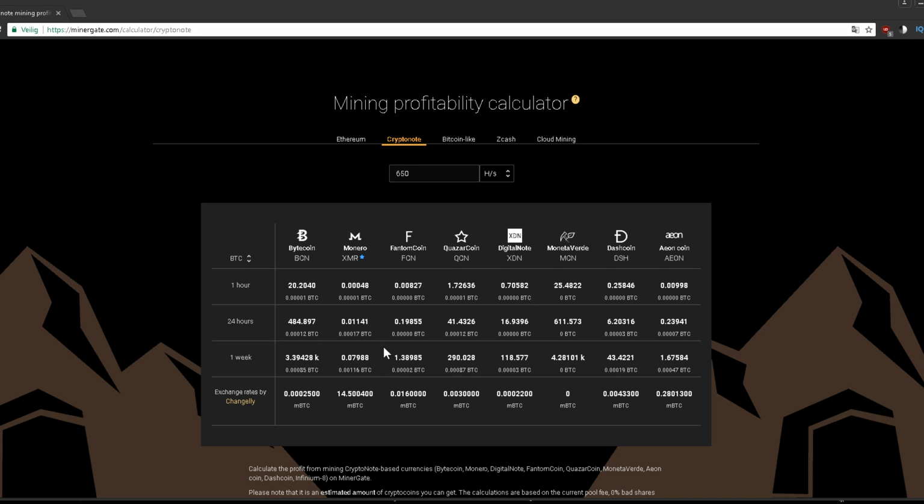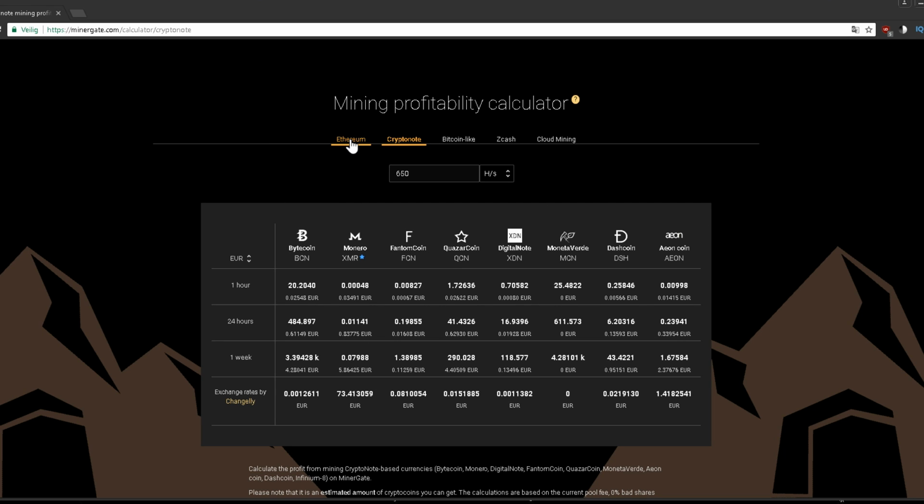And that's going to be about, a little less than 10, 6-7 US dollars. You can also just check it out in euros or in Bitcoin if you want. So that is how this works.